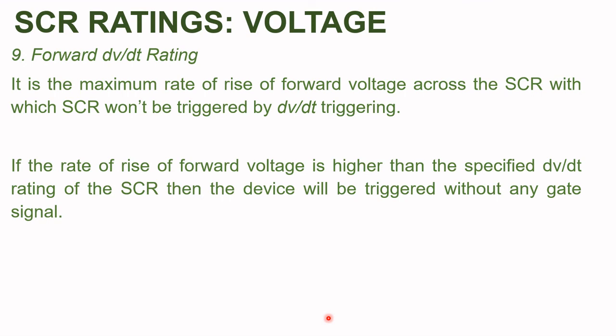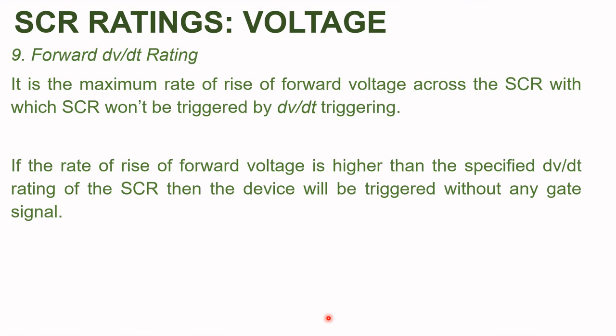Forward dV by dt rating. dV by dt, as the name suggests, it is the rate of change of voltage. So forward means rate of change of forward voltage. It is the maximum rate of rise of forward voltage across the SCR with which the SCR won't be triggered by dV by dt triggering.